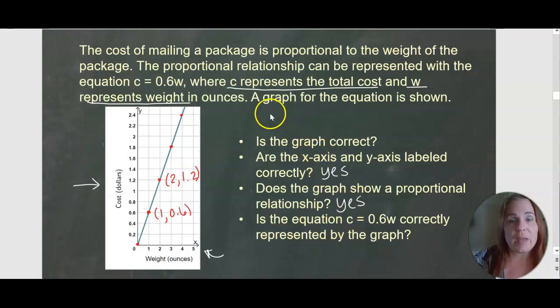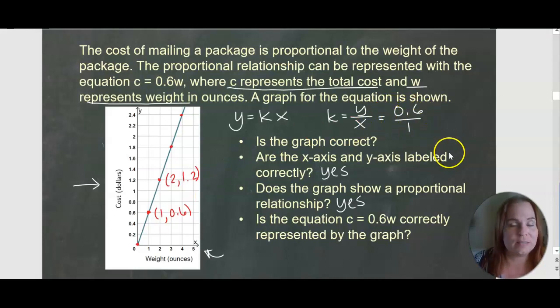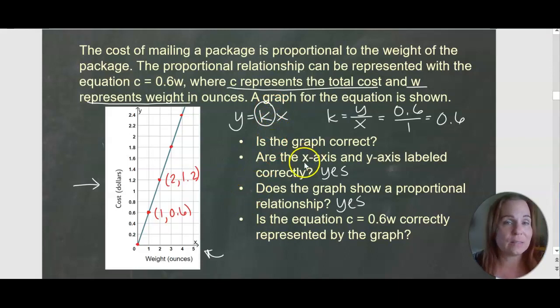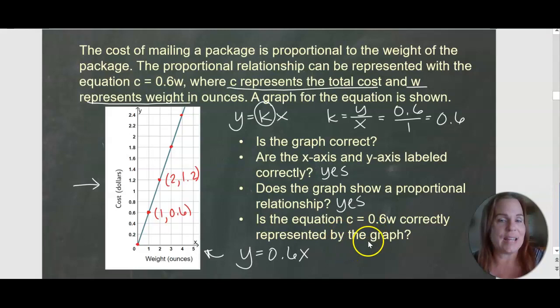Now, we know that in this, we have those 2 equations. Remember, we have y equals kx, and to get k, we do y divided by x. So when we do y divided by x, like I'll pick one of my points down here, 0.6 over 1, we get that k is 0.6. So if I put 0.6 in for k, right there, it would be y is equal to 0.6x. Now, they're using C and W, right?